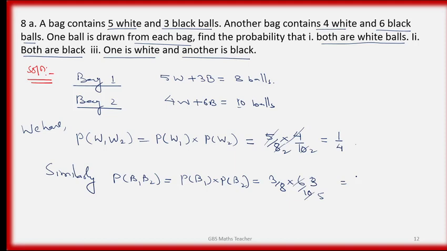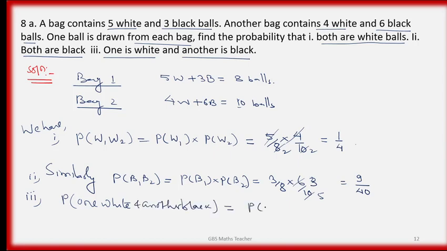And the next, third case, dear students. The first case was one white and another black. One white, but in which bag we don't know. One white, one black. There are two possible cases. Probability of getting one white and another black: there are two possible cases.